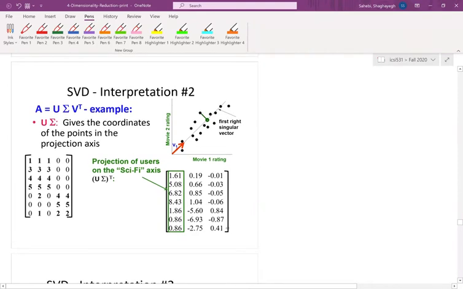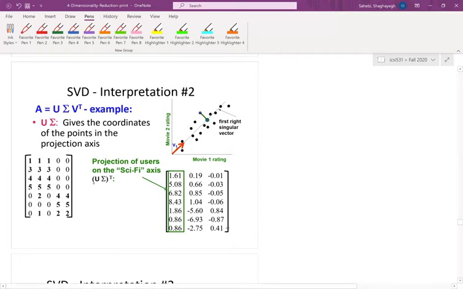And then to find the coordinates in the projection axis, we can look at multiplication of u and sigma. And basically, this gives us the projection of our users into this direction, which is our sci-fi axis, right?